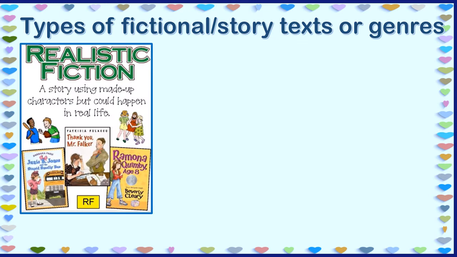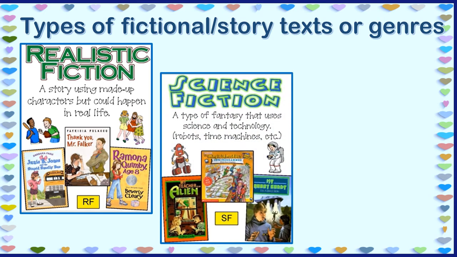Then we get realistic fiction, right? The story is using made-up characters, but it could actually happen in real life. And this is often storybooks that you get for your age group in the library or in shops. Then we get science fiction. That's a type of fantasy that uses science and technology.